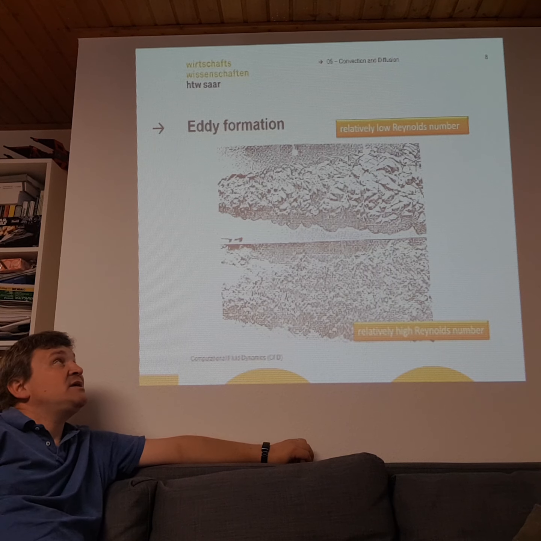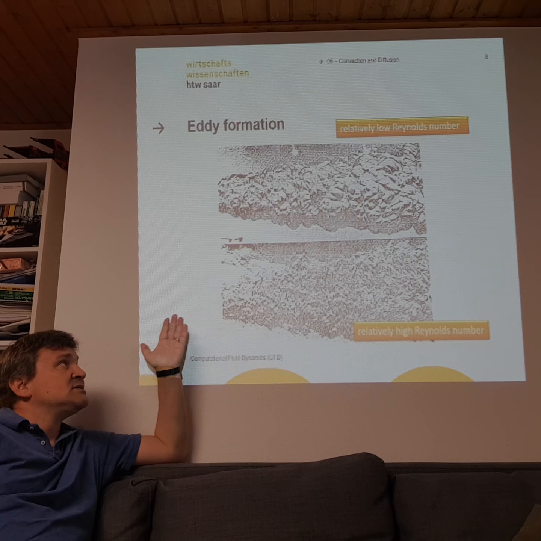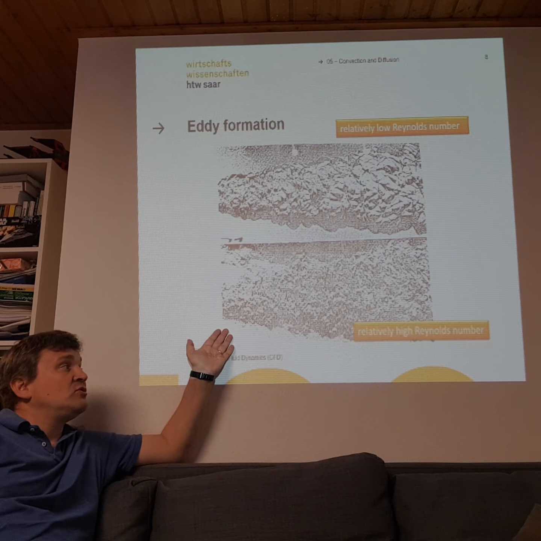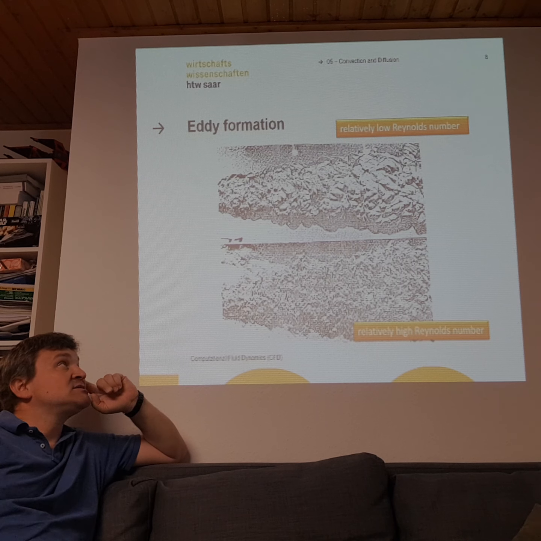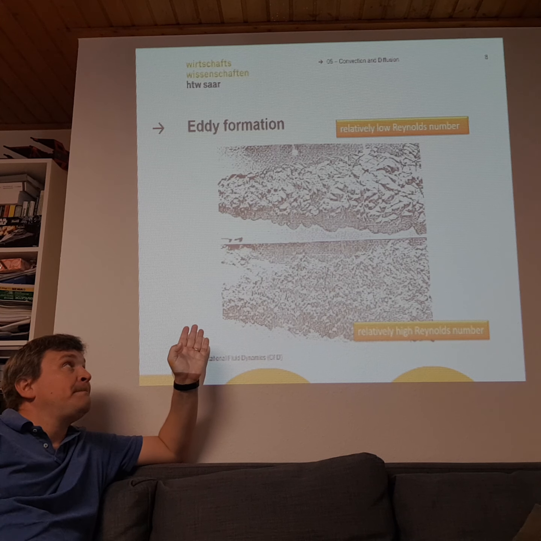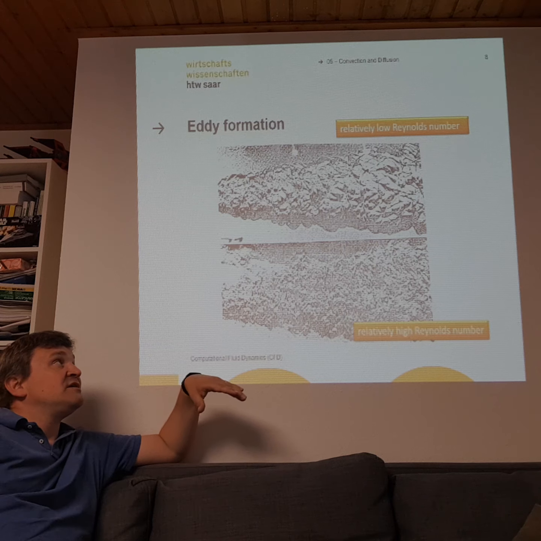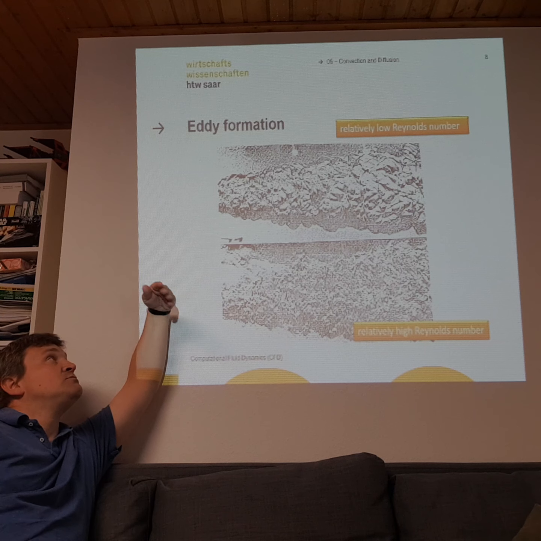Okay, and here let's have a look at the turbulence and at the effects of high turbulence and low turbulence. You already learned the so-called Reynolds number, and relatively low Reynolds numbers give us fewer swirls, fewer eddies.